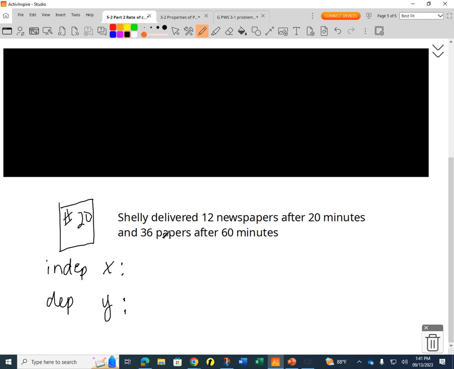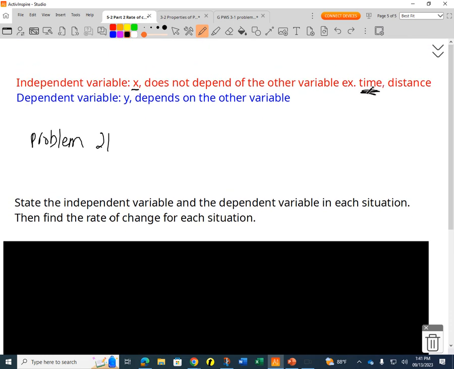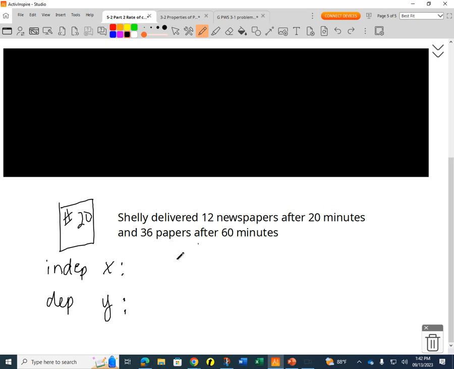What did we say are some examples of independent variables? Time, right? So the number of papers delivered depends on how much time. So the independent variable here is the number of minutes. The dependent variable is the number of papers.